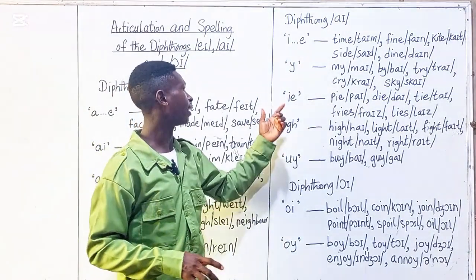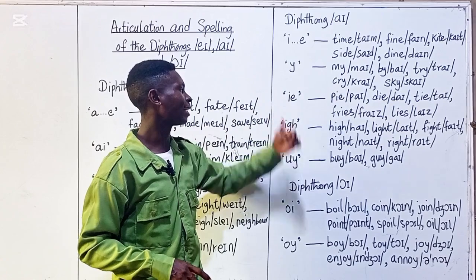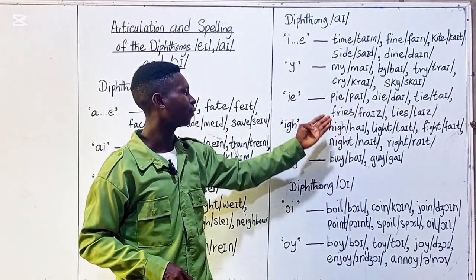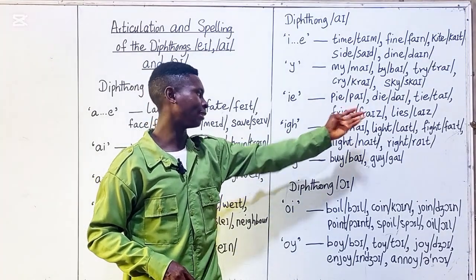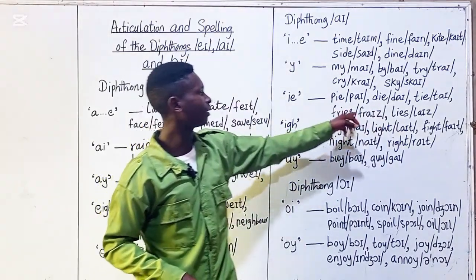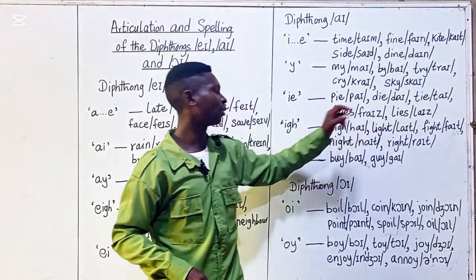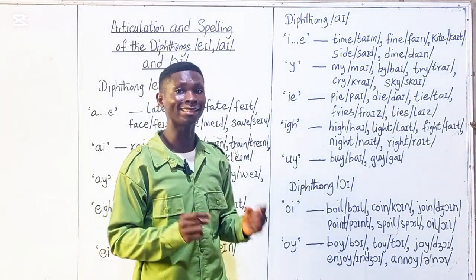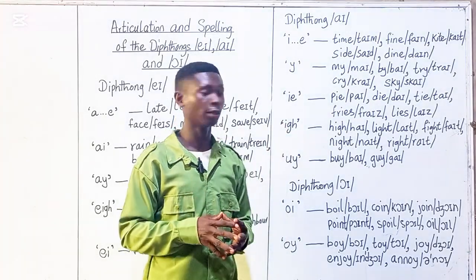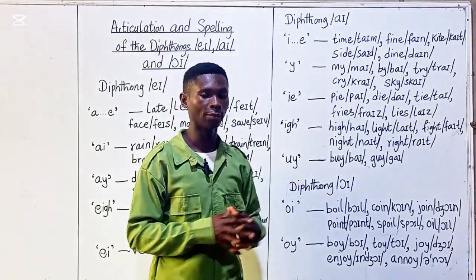Another spelling for the I sound is IE, as in pie, die, tie, prize, lies. Note the last two words here, prize and lies. In place of the letter S, we have the Z sound and not the S. So it is the voiced form of that sound.